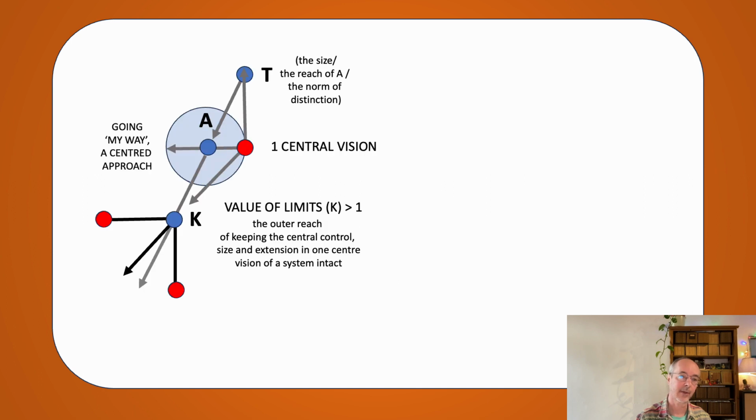Let's now put the focuses of the first 3 letters and the next 3 letters next to each other. So we started from the A. This is our center point of vision, a centered approach, a central vision. The A varies in size, but once we have the size, this is 1, it's the same size as T in the vertical way. So this is the size, it will become our norm of distinction.